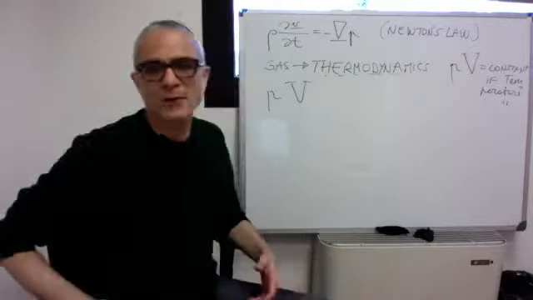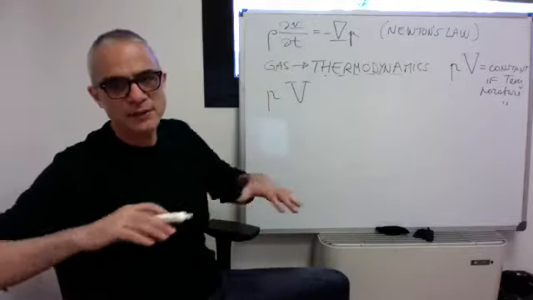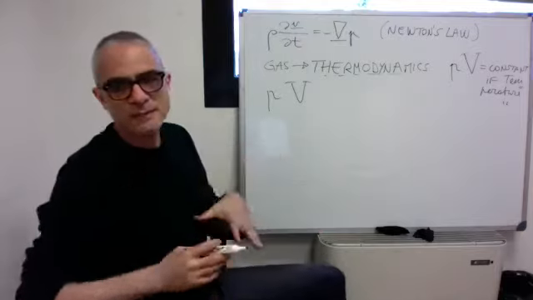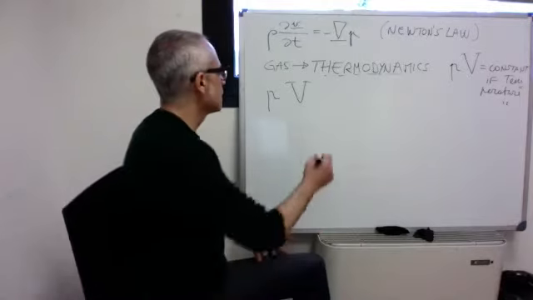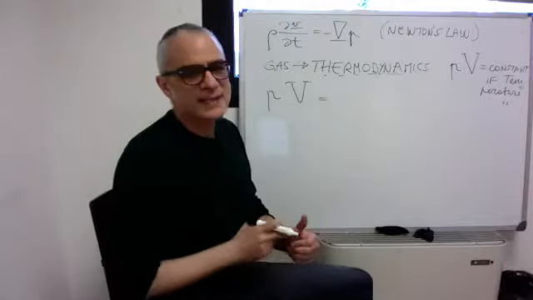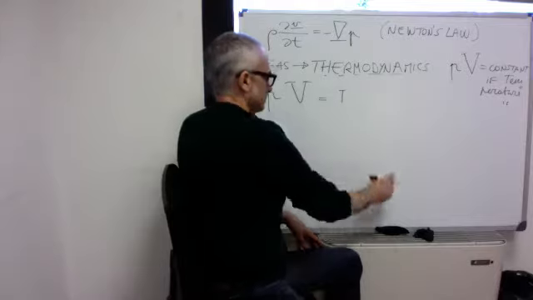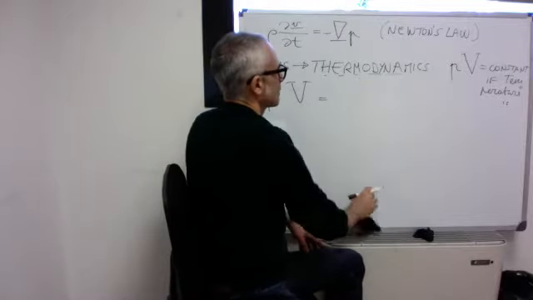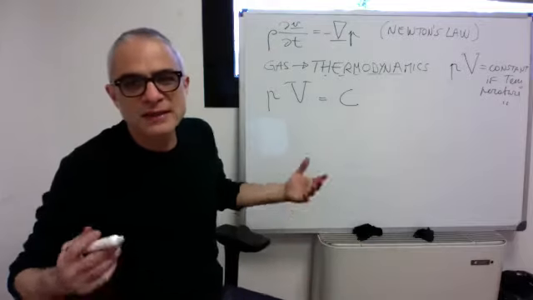If you do this experiment with a lot of different gases and the temperature is constant, you increase the pressure, the volume is going to go down. I decided to call it A, but I could call it C, like constant. I just give it a name.